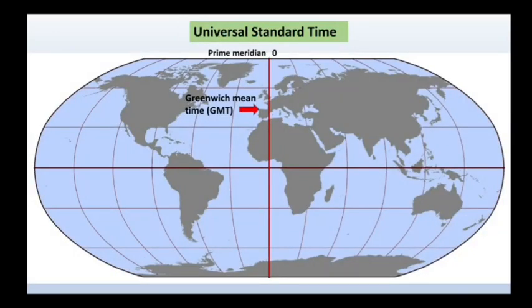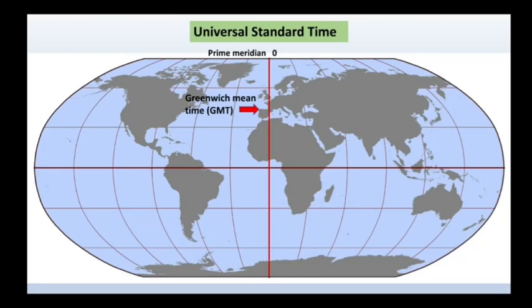Universal Standard Time. For international coordination between countries, the local time at Greenwich, that is Greenwich Mean Time in England, is considered to be the international standard time. So, the difference in standard times of various countries is calculated with reference to GMT.